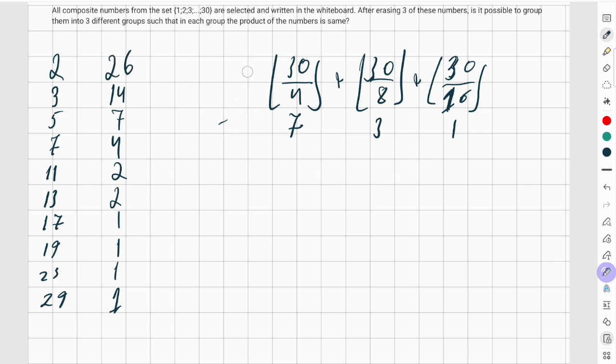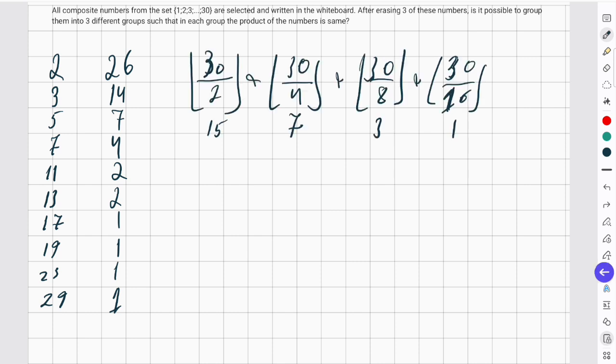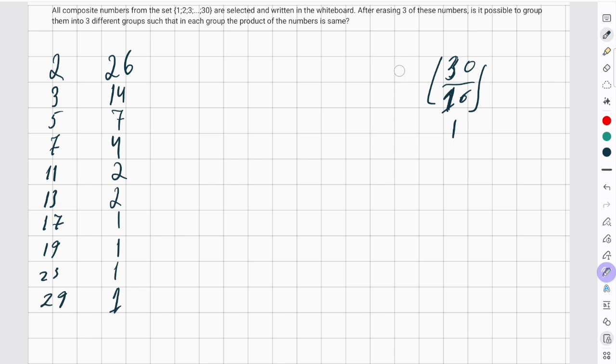However, in the question we write all composite numbers. For instance, 3 or 11 are not composite, they are prime. Also 1 is not composite. That is why we exclude those numbers. It means that we just subtract 1 from each of these powers.